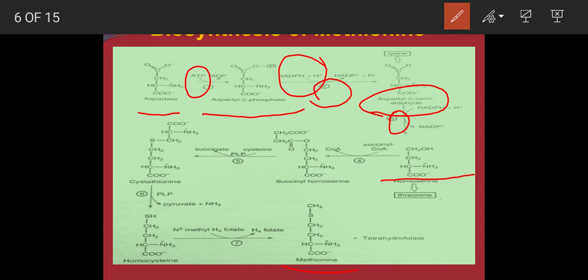This homoserine is converted to succinyl homoserine in the 4th step, and this reaction is catalyzed by the enzyme homoserine acyl transferase.